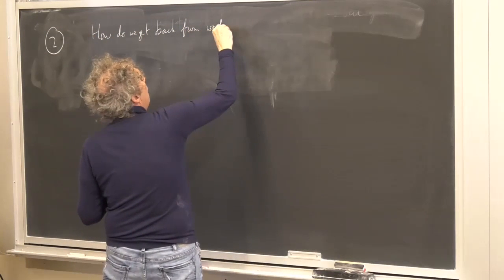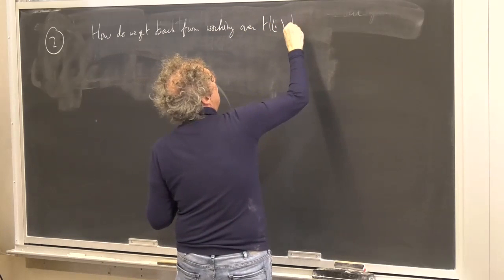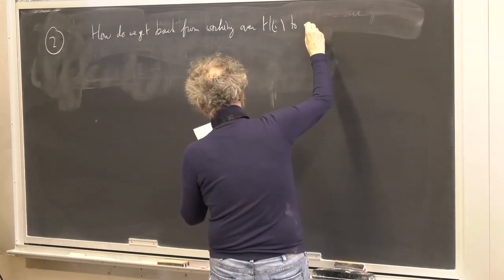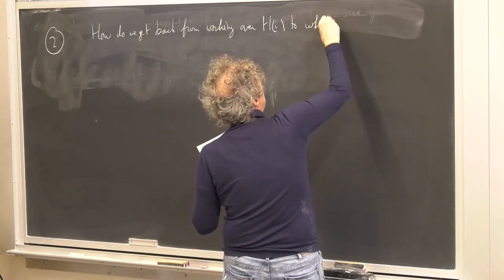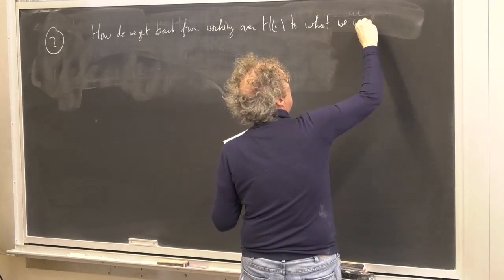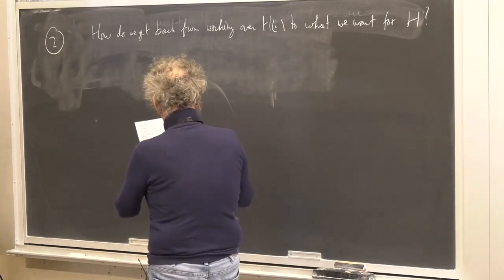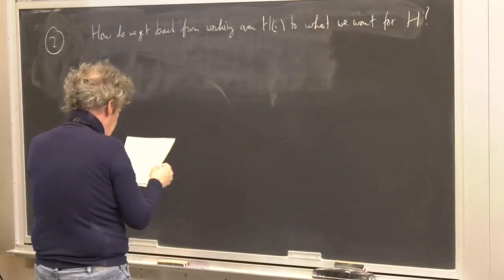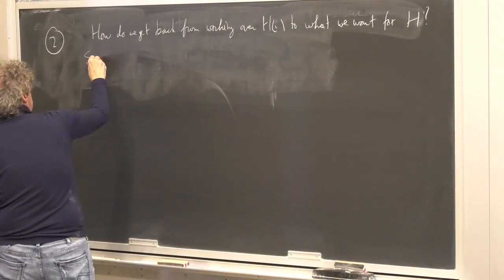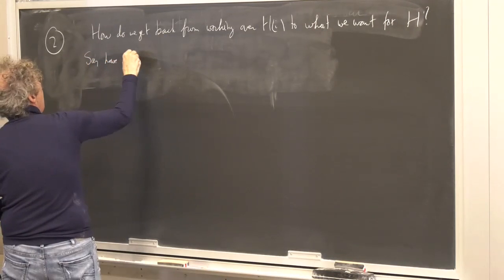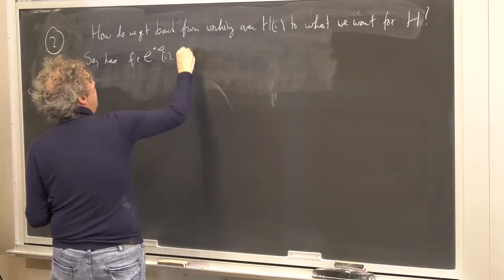working over hi to results to what we want for h. We want h. Let me make that a little bit more concrete. Say we have f in C I, Pf is 0.